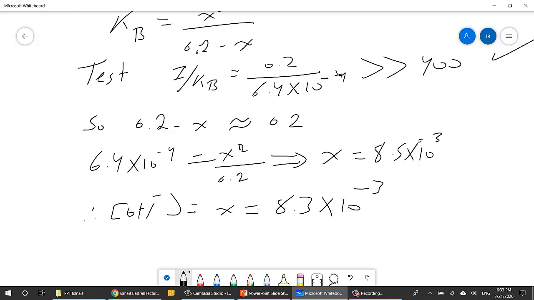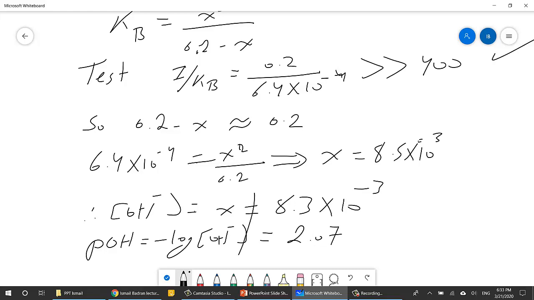So from that you can calculate the pOH, which is equal to minus log OH minus, which is equal to minus log that number, and you will find the pOH to be 2.07.